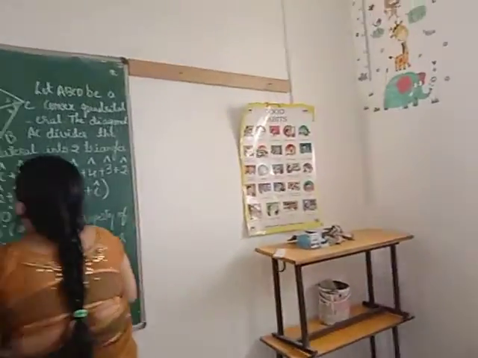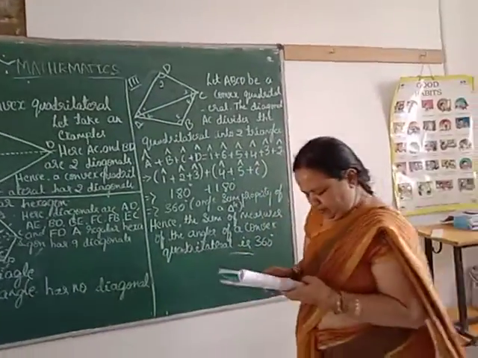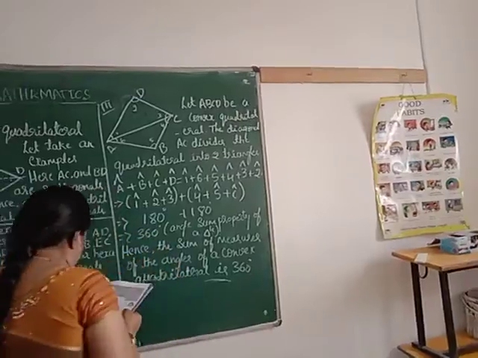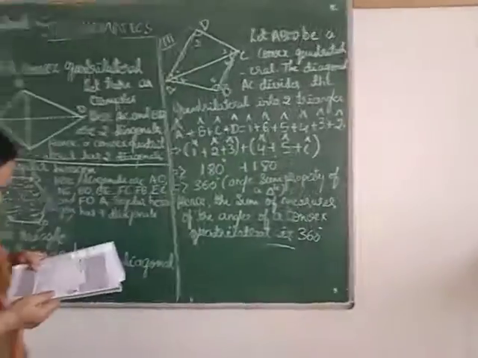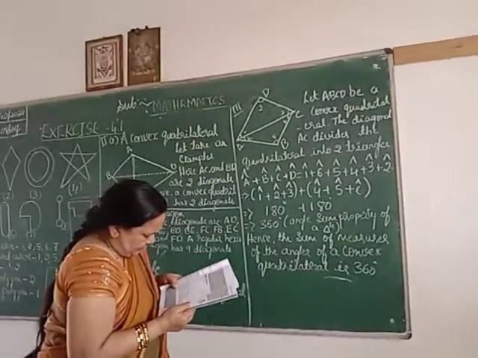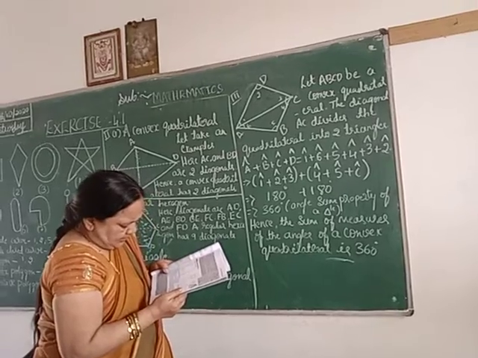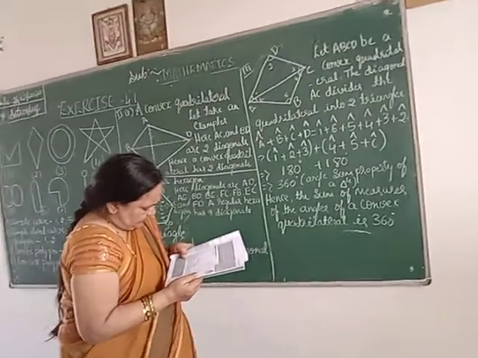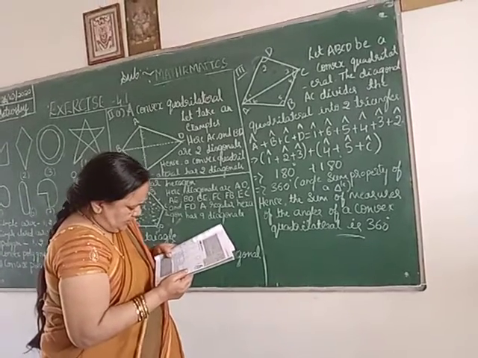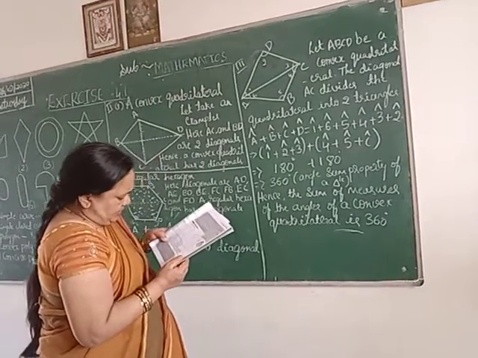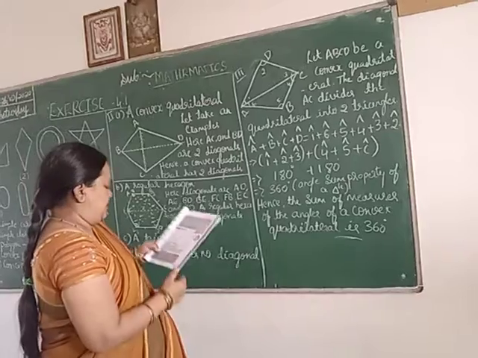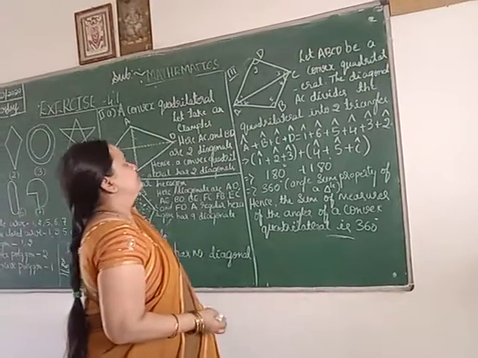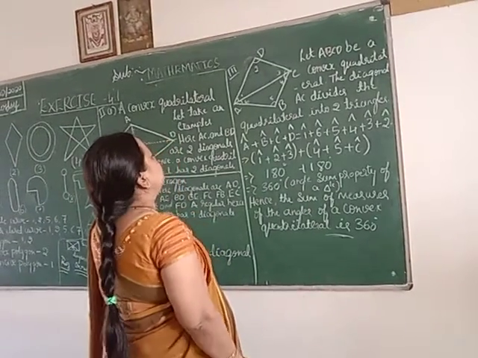Now we will go to the third main of our exercise 4.1, children. What is the sum of the measures of the angles of a convex quadrilateral? Will this property hold if the quadrilateral is not convex? Make a non-convex quadrilateral, prove this and try. So, the third one.